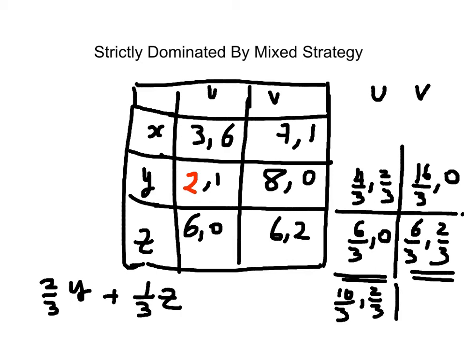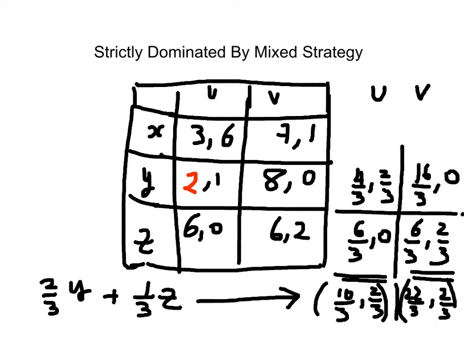And I get 22/3 and 2/3. Okay, so these are the payoffs down here associated with playing strategy Y with a probability of 2/3 and strategy Z with a probability of 1/3. I get the following payoffs.